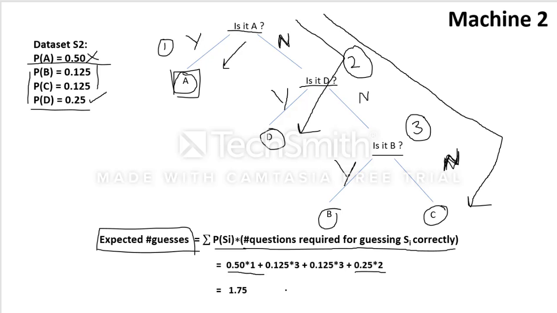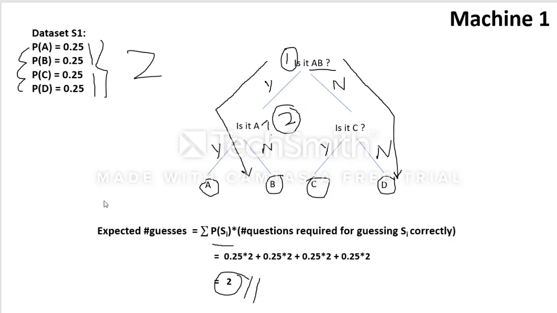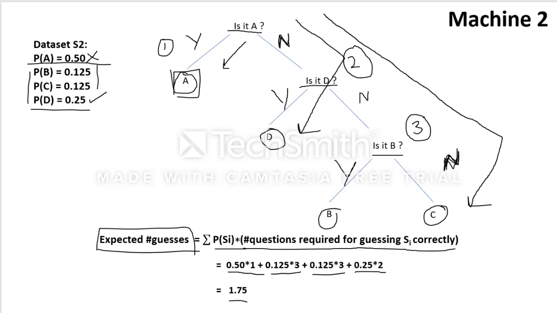If it's a yes, it's a B. If it's a no, it's a C. So we need only 3 questions maximum to find out whether it's a B or C. So this calculation comes up to be 1.75. The expected guesses required to guess the next one is called the entropy of the system. So the entropy of this machine 2 is 1.75.